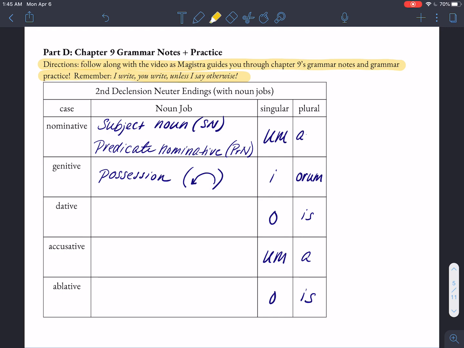Once you've finished with that, we're going to do the dative box, and that is known as the indirect object, and that's IO.